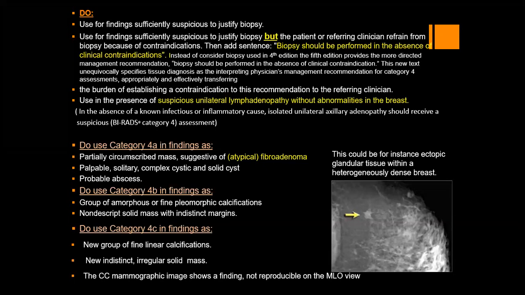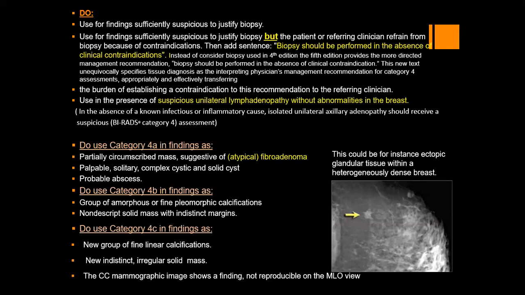Category 4B is for a group of amorphous or fine polymorphic calcifications, or a non-descript solid mass with indistinct margins, as we have seen in the previous examples. Category 4C is for a new group of fine linear calcifications, or a new indistinct irregular solid mass.